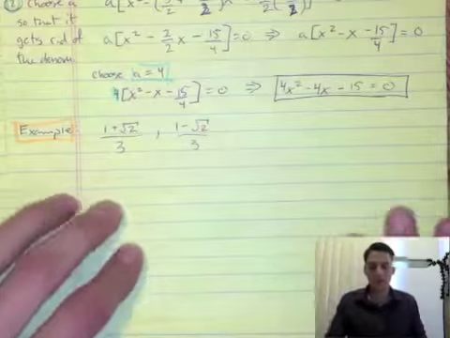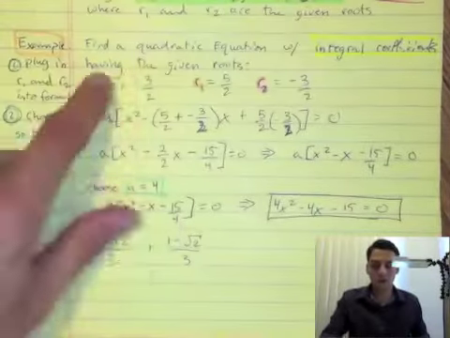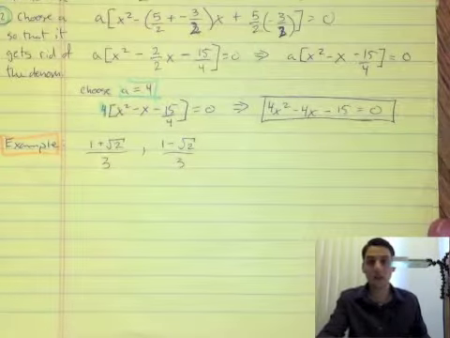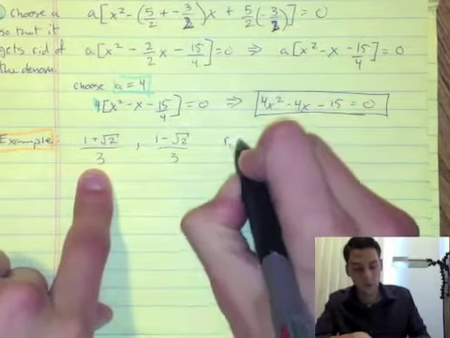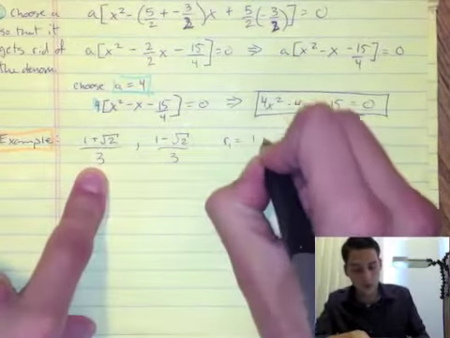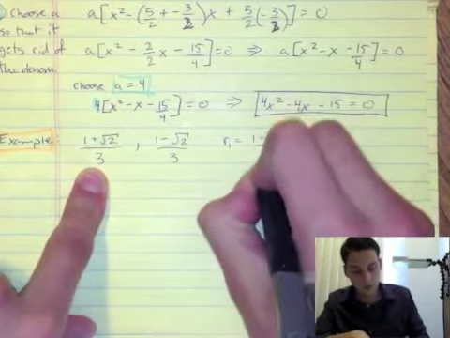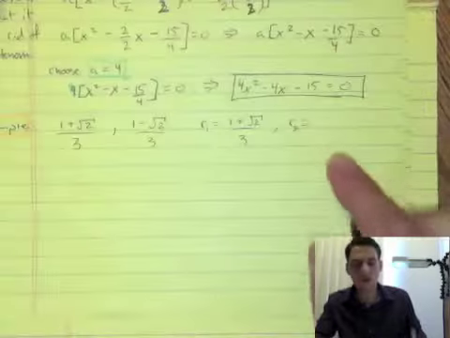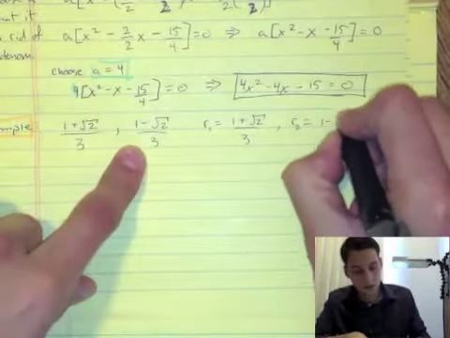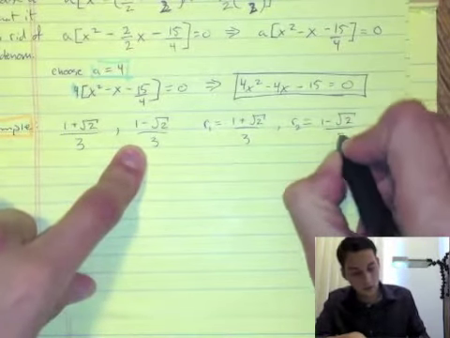That's the second root. So with the same instructions, find a quadratic equation with integral coefficients given these roots. So my first root, R1, is 1 plus root 2 over 3. And my second root, R2, is 1 minus root 2 over 3.